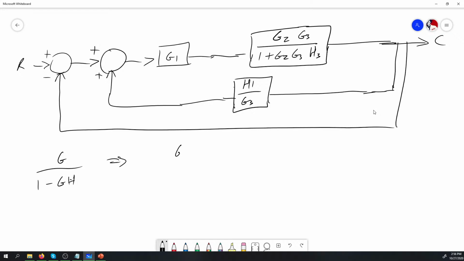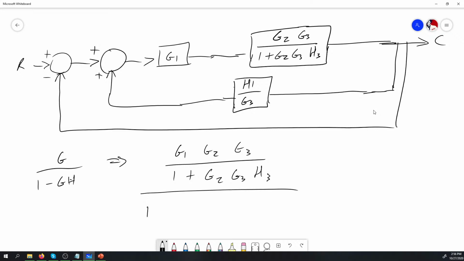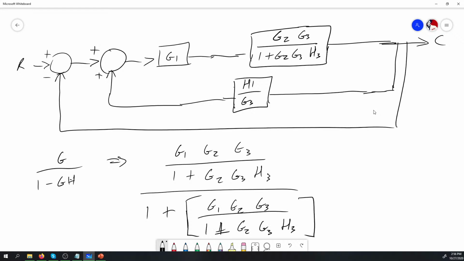So basically this is going to be G1, G2, G3 divided by 1 plus G2, G3, H3, all divided by 1 plus, bracket this off, G1, G2, G3, 1 plus G2, G3, H3, multiplied by H1 divided by G3.